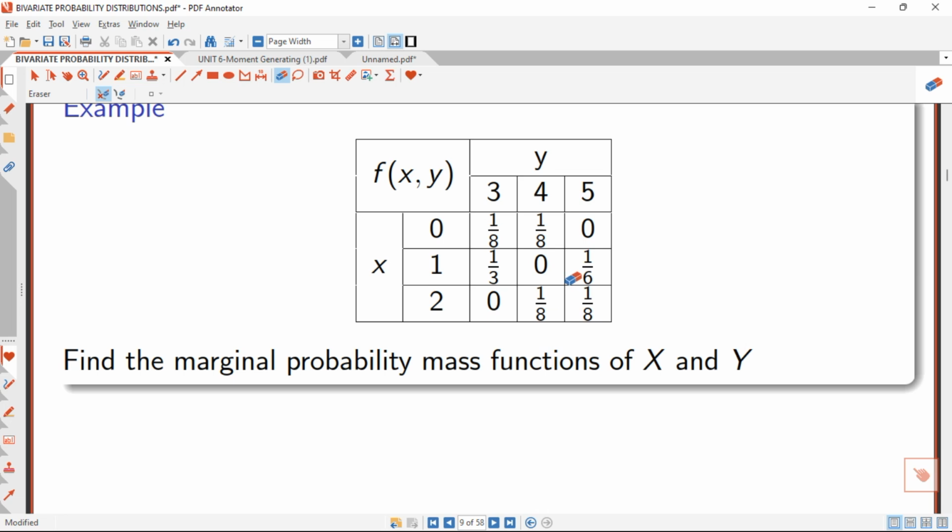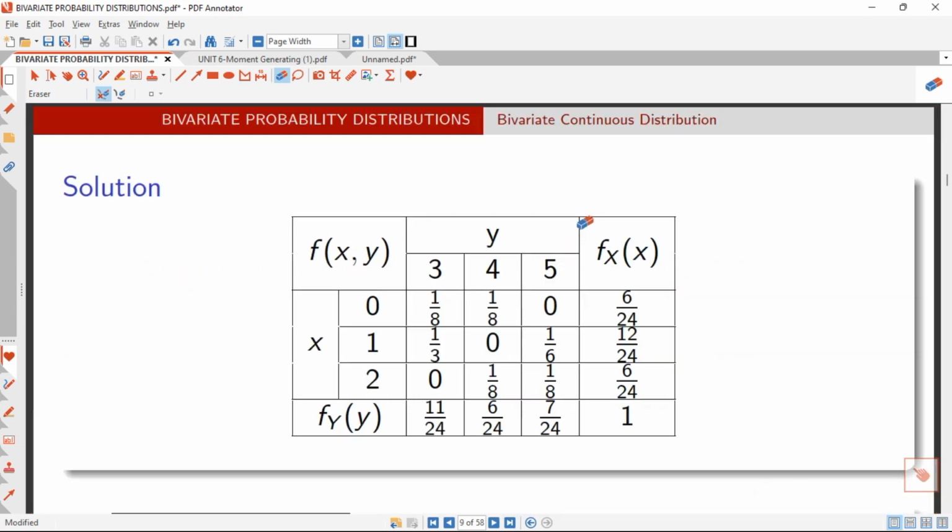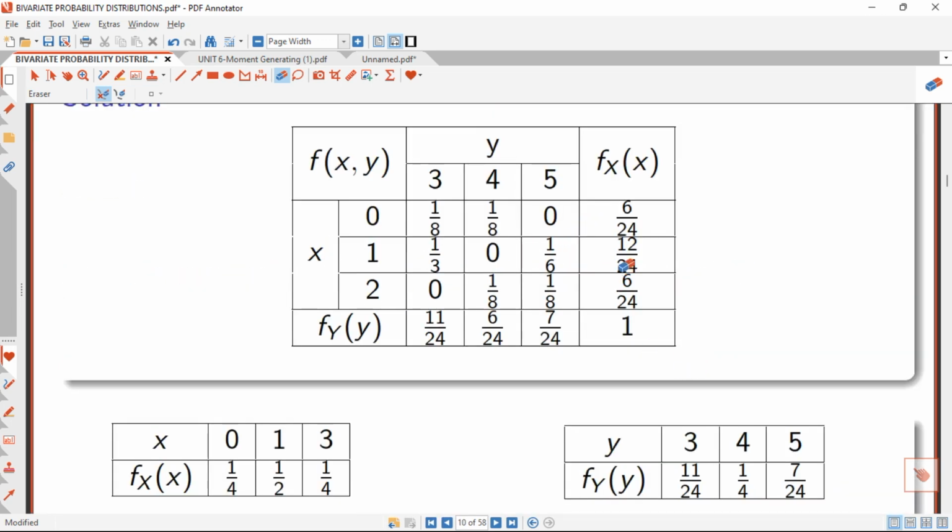Sorry, let me come again. If we add the probabilities at the row section, we are going to get the marginal of X. And if you add the probabilities at the column section, we are going to get the marginal of Y.